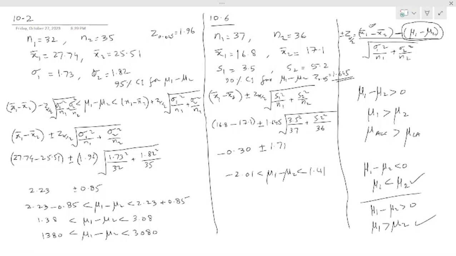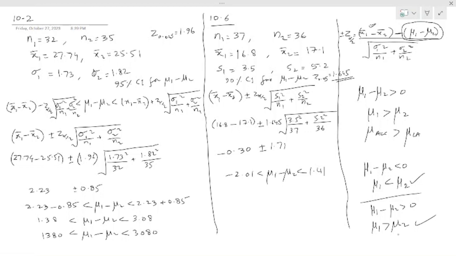The lower bound is saying that the first program is less effective because mu1 is less than mu2, so the mean weight loss on the basis of the first program is less than that of the second. The upper bound is telling us a different thing. It is saying that the first program is more effective because mu1 is greater than mu2.